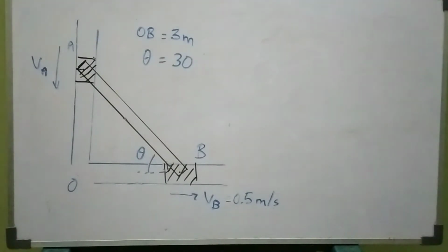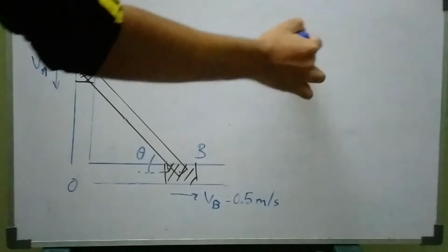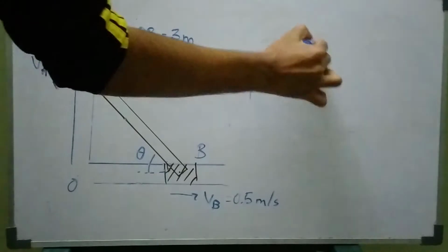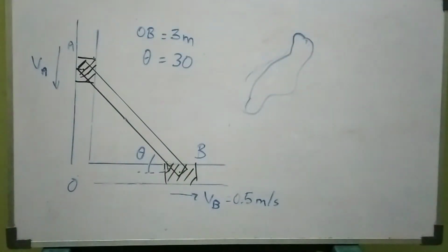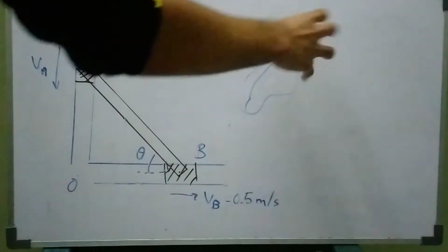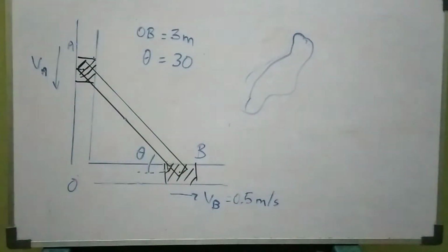Okay, let's continue. When we are considering the instantaneous center of rotation, what's the idea behind that? Let's say there's a particle or a body which is rotating. So let's say this is a particle, it's going to rotate. Here we can directly tell all particles will have a velocity. That's the simple idea.